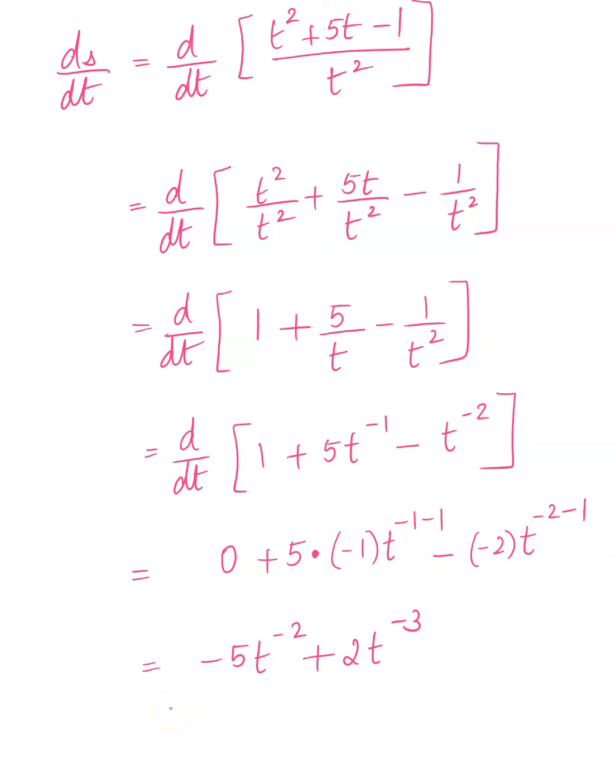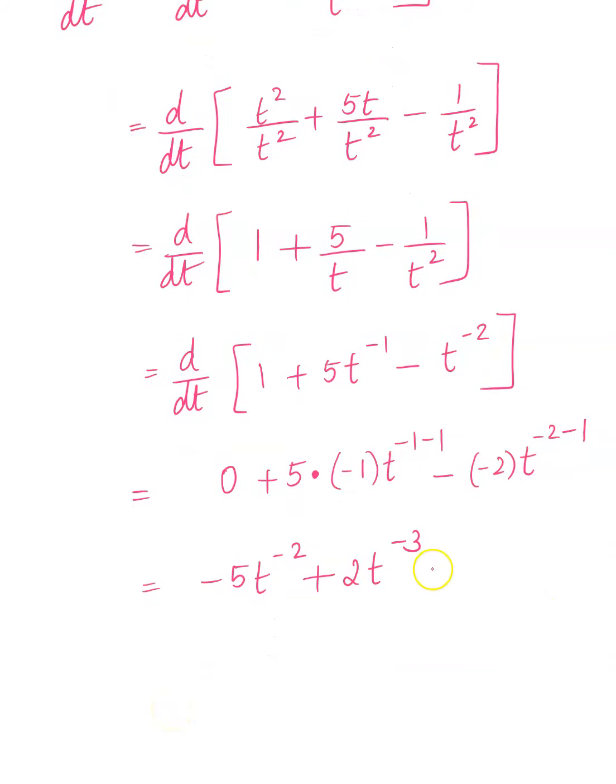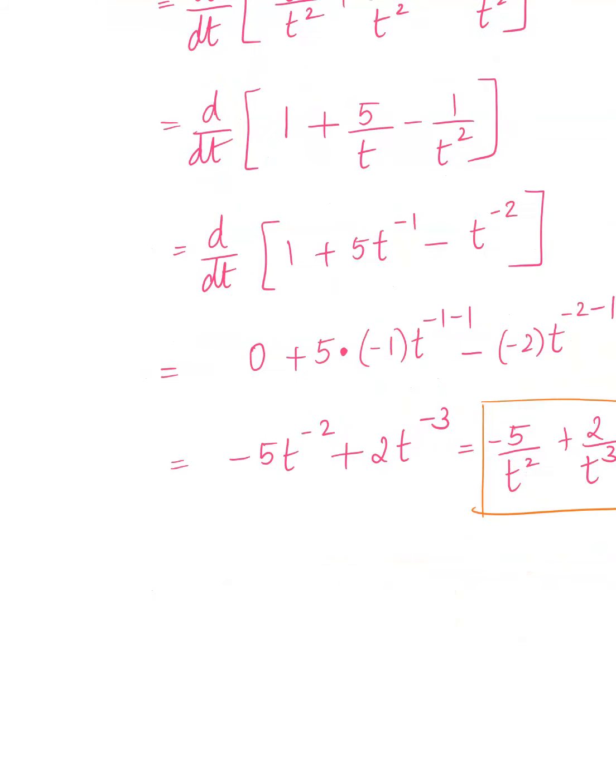So that's my first derivative. For answer purposes, you will rewrite this as negative 5 over t squared plus 2 over t cubed. Okay, that's your first derivative. Let me box that part. I like to keep it with the negative exponent here. Let me rewrite on the left side that this is nothing but ds over dt. So that's your first derivative.